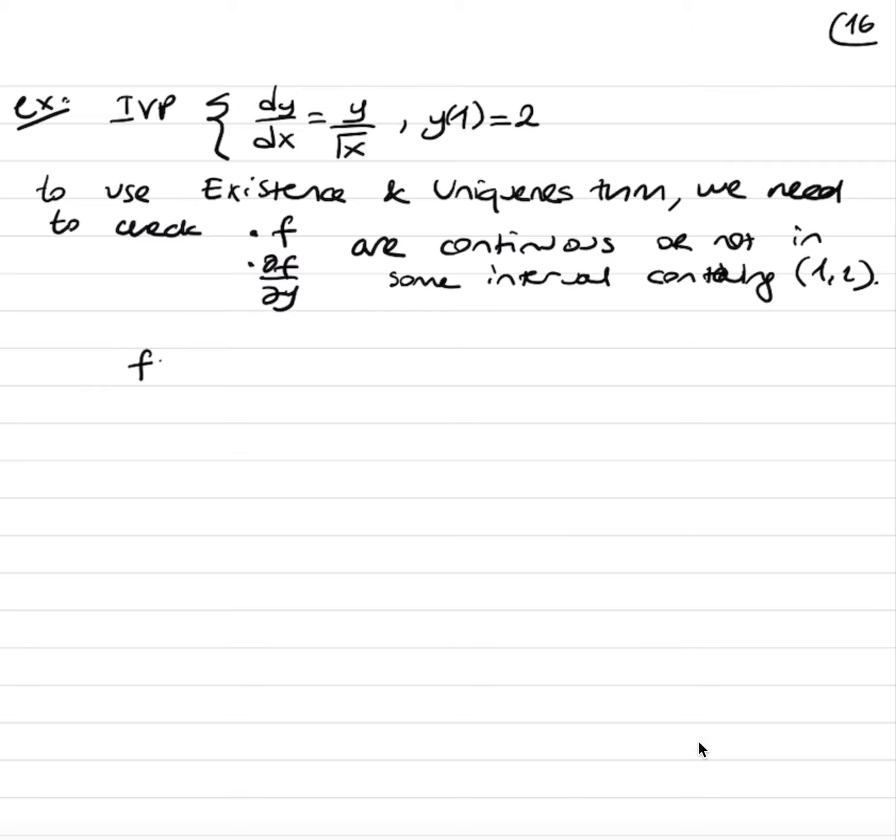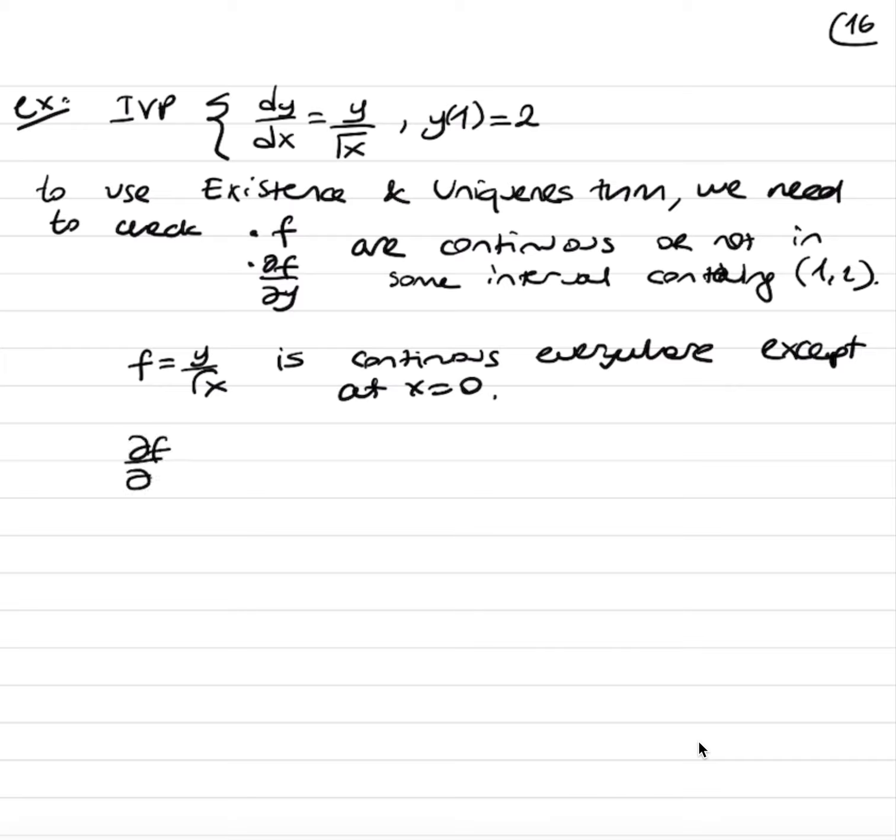So we need to check this. If we look at f, y over square root of x is continuous everywhere except at x is equal to 0, right? It is not defined there, and it is not continuous there. What about del f over del y?